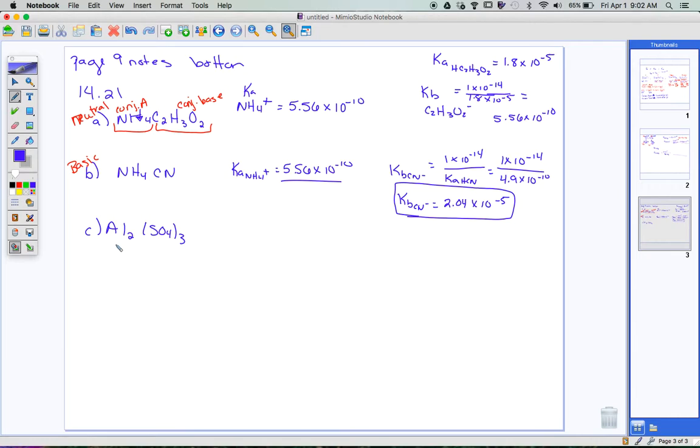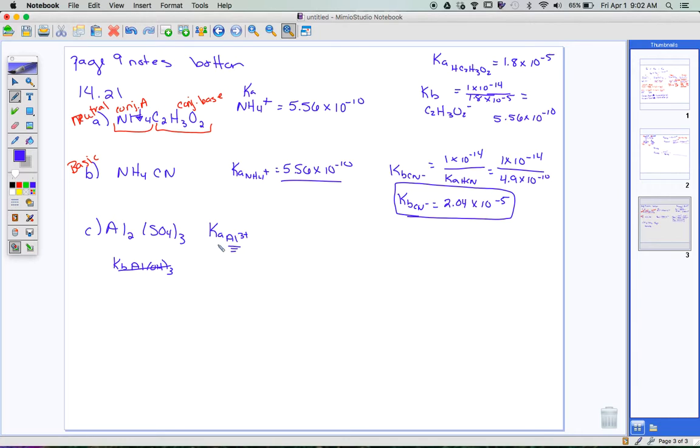Now when we get down to this one, we have to know the Ka of Al3 plus. That one's a little weird, because if you look in the table in Appendix D, there is not a Kb for Al(OH)3 listed, but there are values for Ka for metals, and typically the higher the charge on the metal, the stronger acid this ion will be.